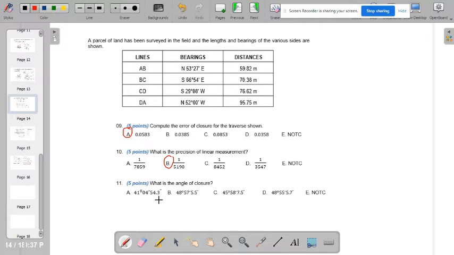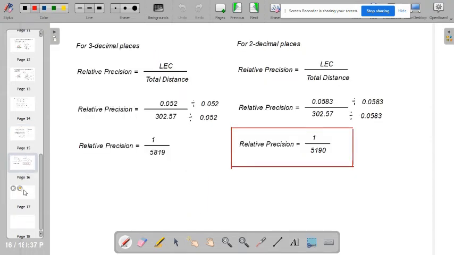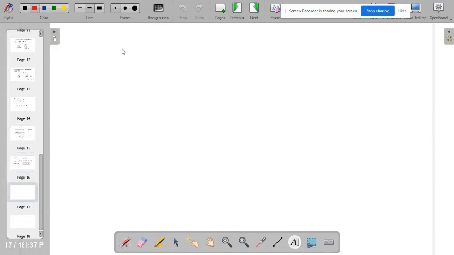Now, what is the angle of closure? Dito na tayo magkakaroon ng problema din. Angle of closure. Okay.